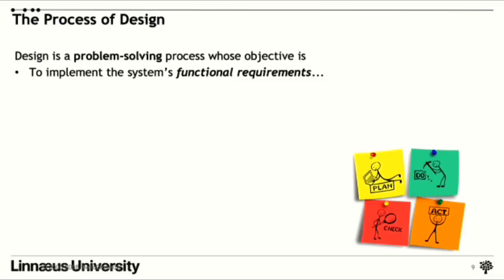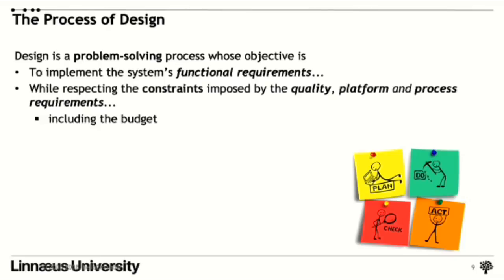And then you also have to respect the constraints imposed by quality, platform, and process requirements, including the budget. This is something that we already discussed a bit at the beginning of this course when we discussed what software engineering is, what design is. But now it's very important. So design is problem solving.